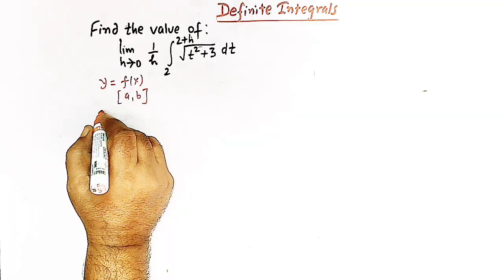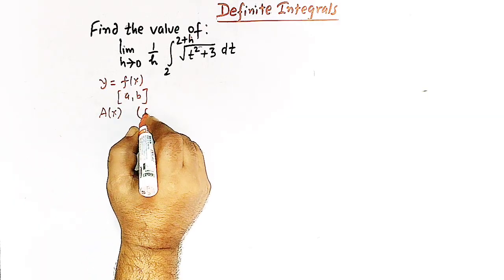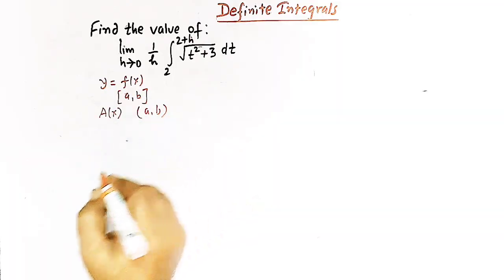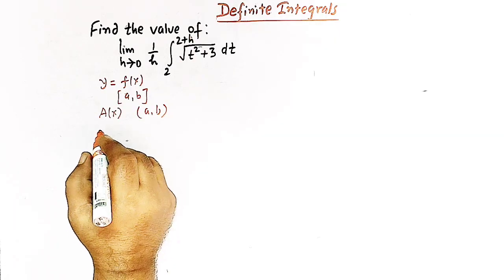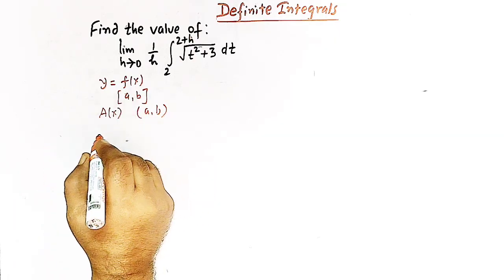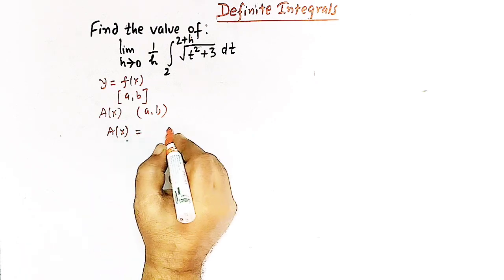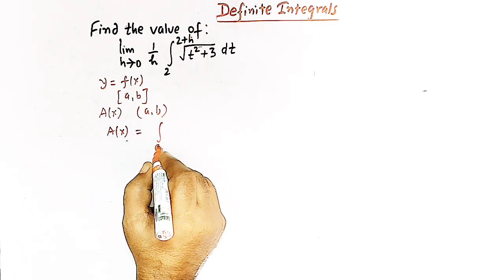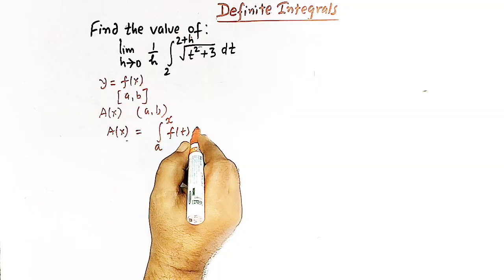If we have a function A of x defined in the open interval a comma b, then the fundamental theorem of integral calculus states that A of x is equal to the integral from a to x of f of t dt.